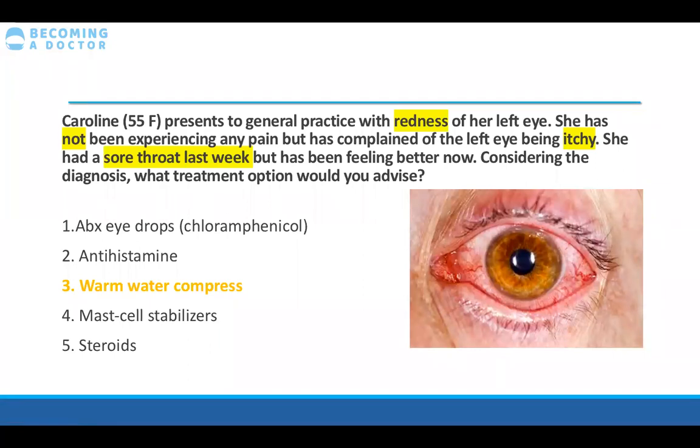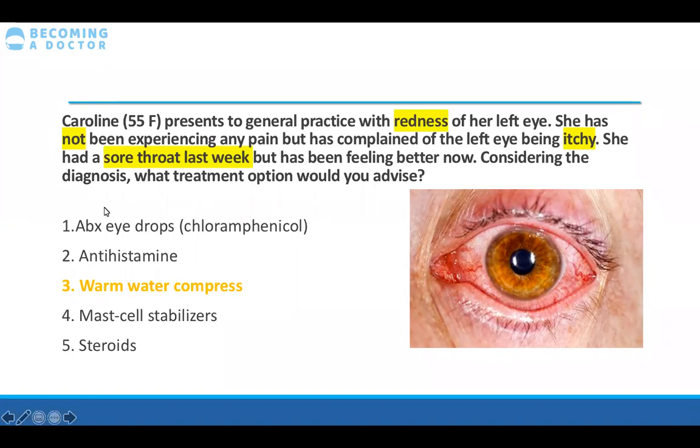Now, thinking about what type of conjunctivitis, the fact that she had a sore throat last week can make you think maybe it's something viral going on. And usually someone with viral conjunctivitis might have a sore throat or features of an upper respiratory tract infection, and then they develop conjunctivitis.